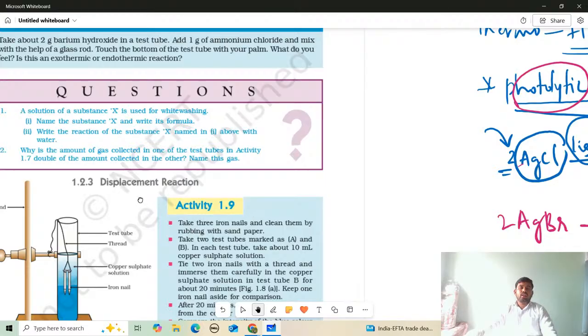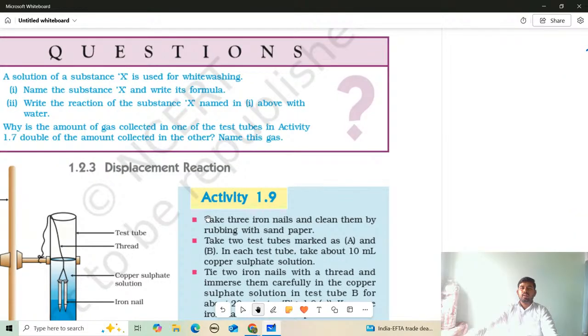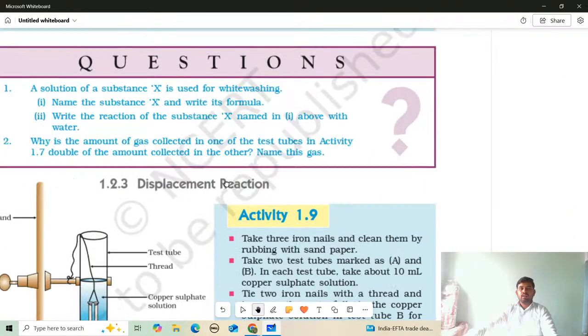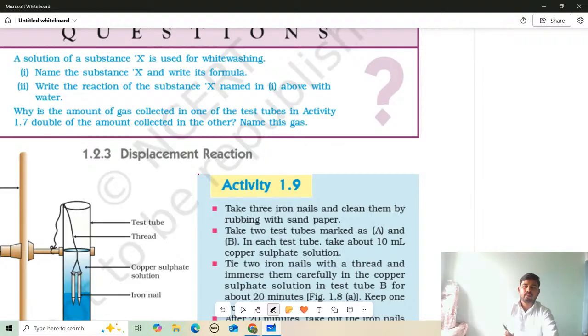You can see here they have given: the solution of substance X is used for whitewashing, name the substance. We can discuss here. Solution of X means, remember, X plus water.